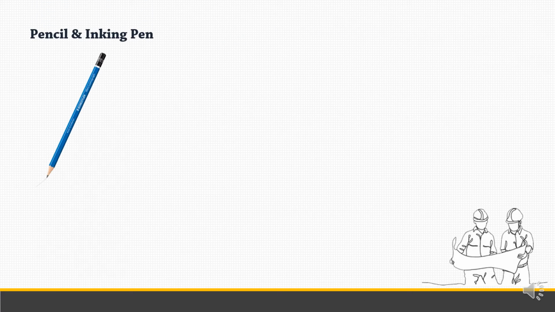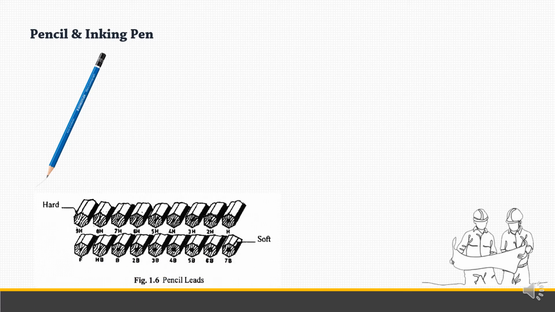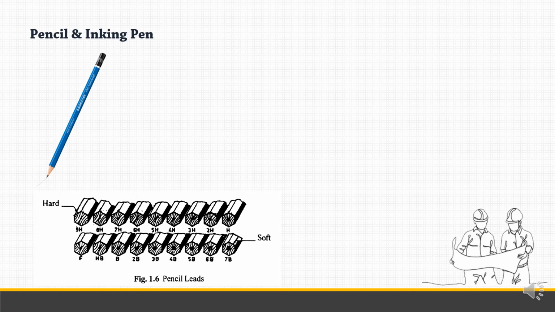For the pencil, there are different intensities of the lead, from H up to 9H. That is from hardest to softest. 9H is the hardest, then the softest is 7B.